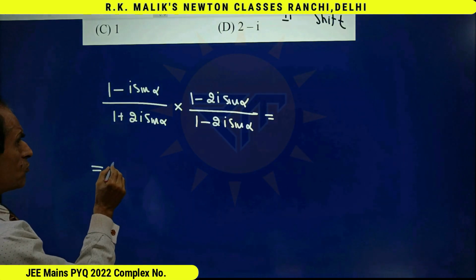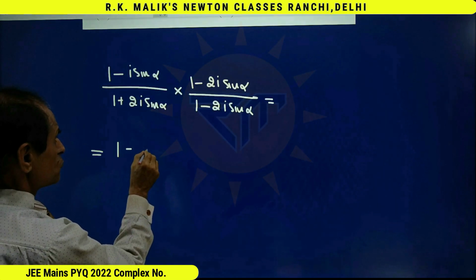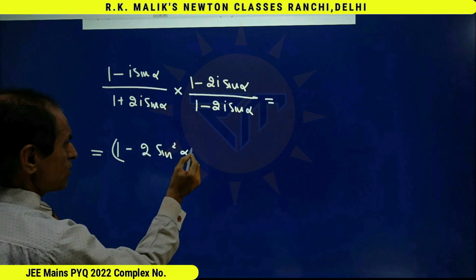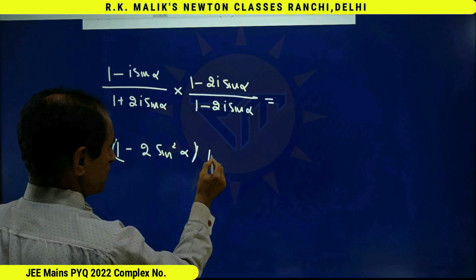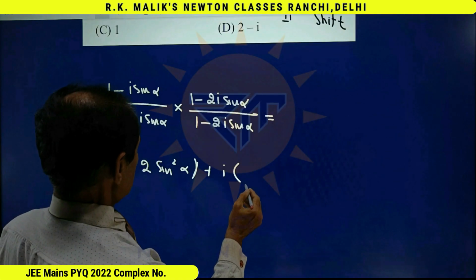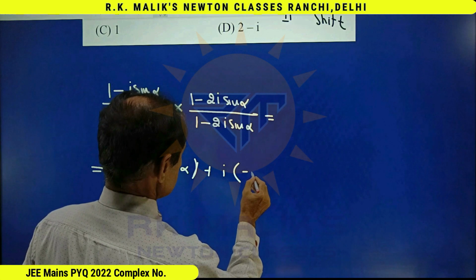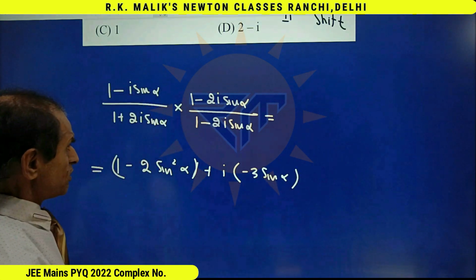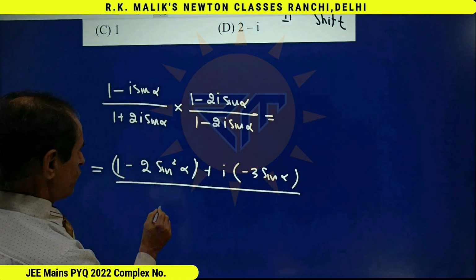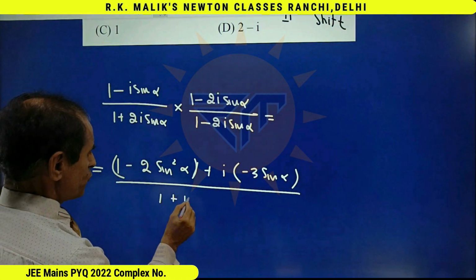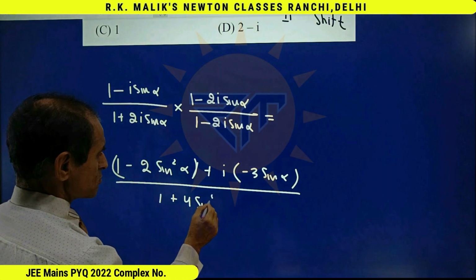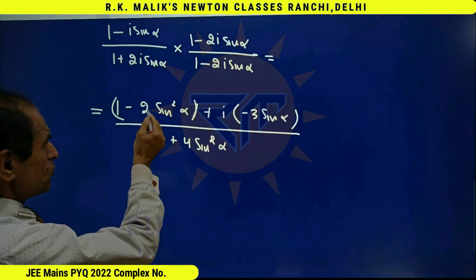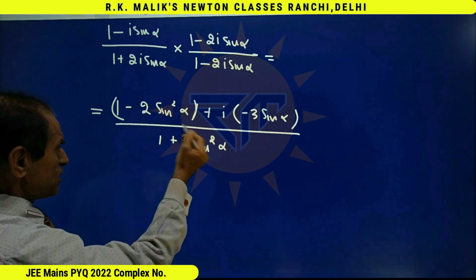This is equal to 1 minus 2 sin square alpha plus I get now as minus 3 sin alpha upon 1 plus 4 sin square alpha.